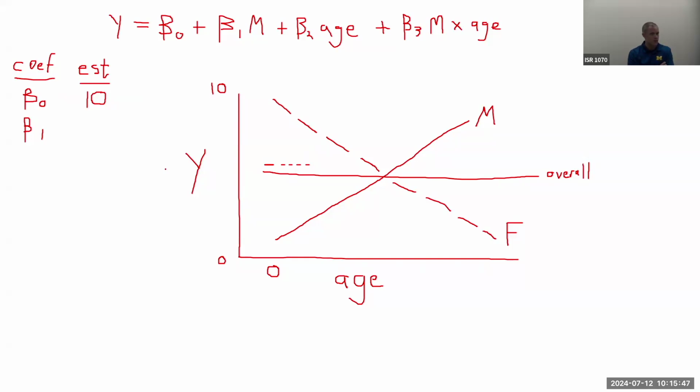Not for a 1 unit change in age. That was the mistake I'd say 50% of you made on the interaction. Okay. Beta 1 is the change in means for males relative to females when?